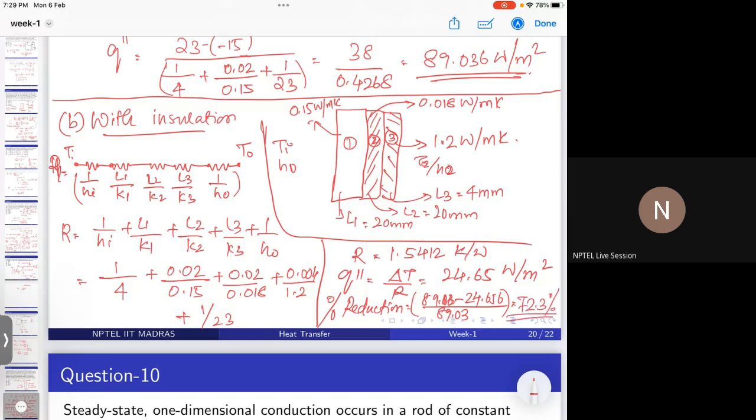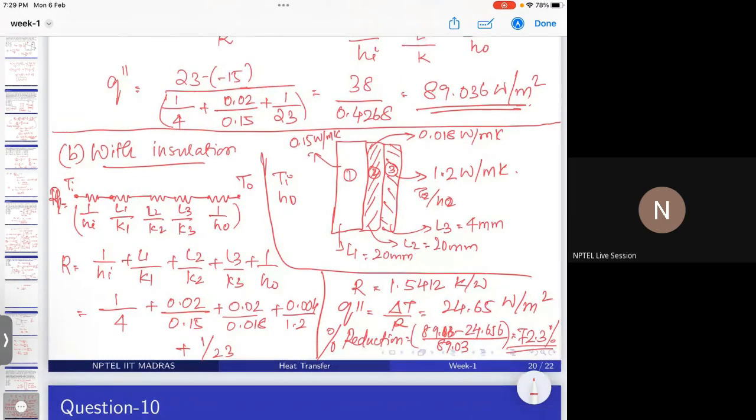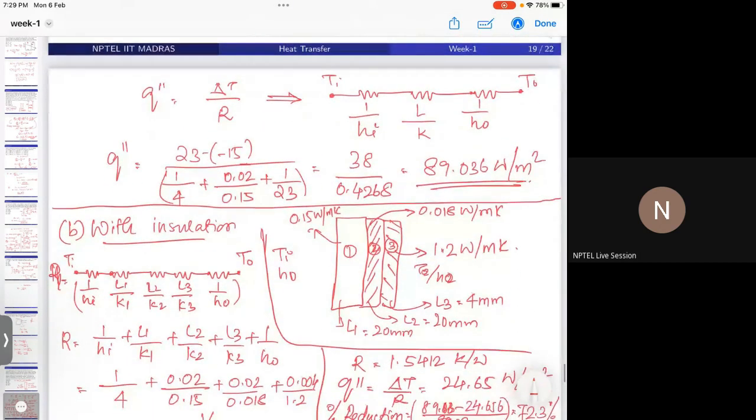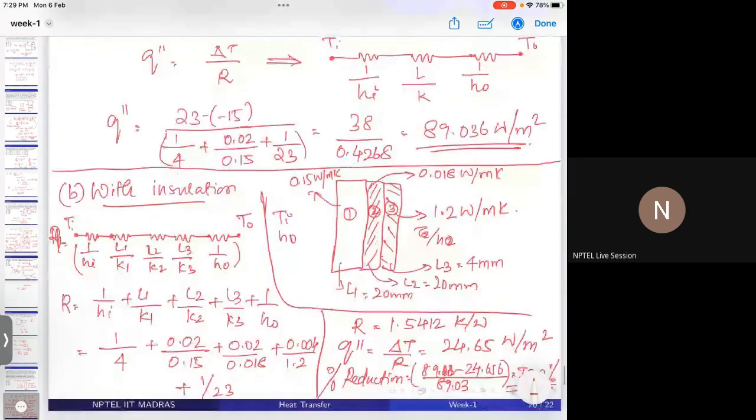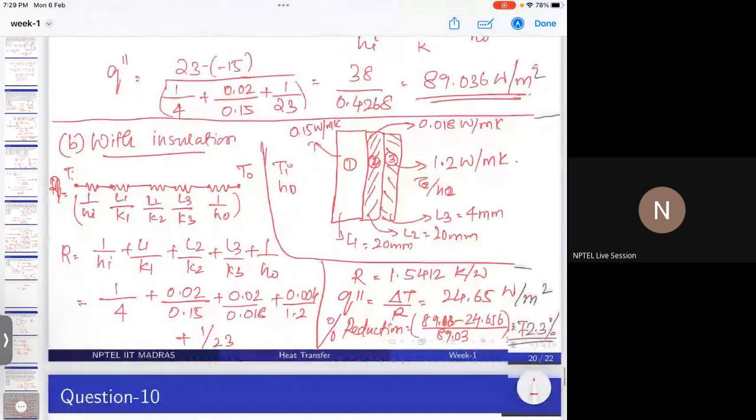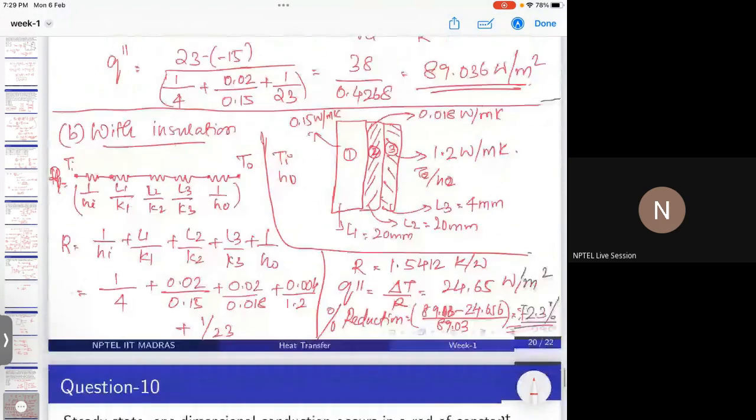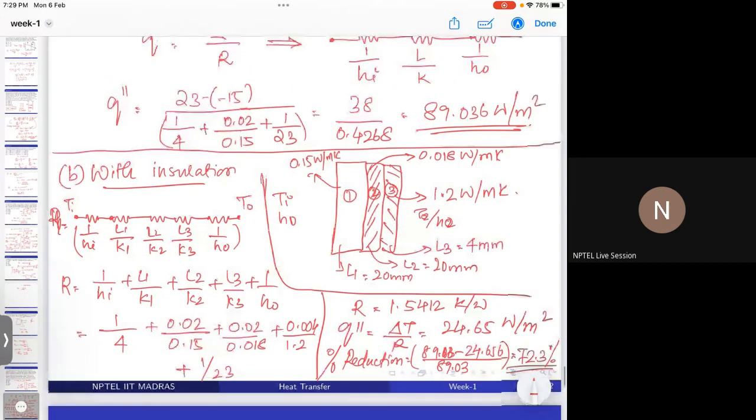So you can just see the physical significance of this: how much reduction in the heat transfer we can have by using insulation. That is the main purpose of using insulation. Later you will study different topics like the critical radius of insulation in that section, and problems related to that we will solve there.